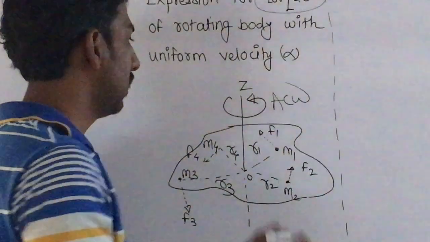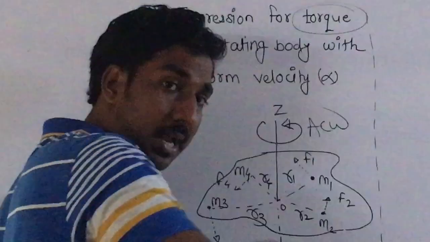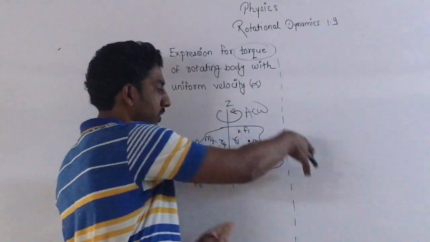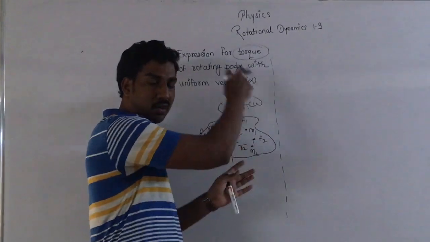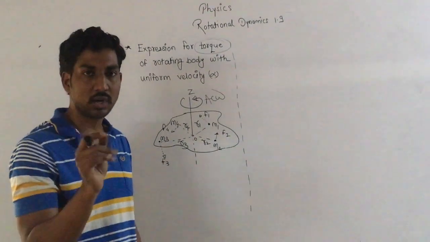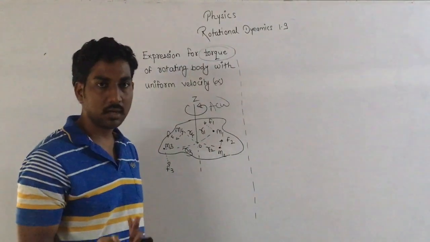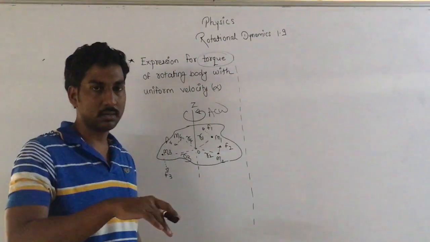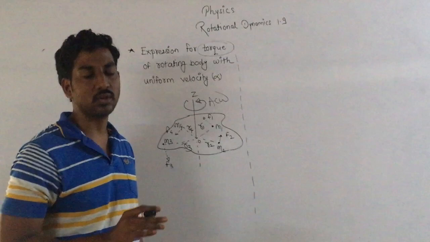Why acting? Students, consider this rotation anti-clockwise. The total body will revolve or rotate around this axis, which means each and every mass of the body will also get rotated. How will it rotate? Because there will be some force acting on it.